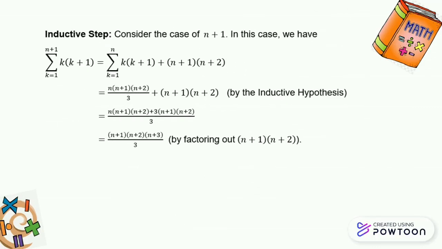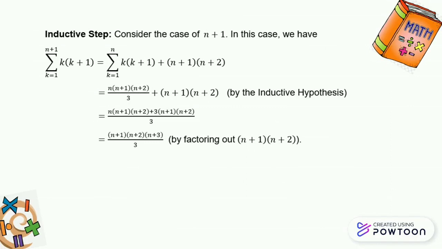Now, the next step is the inductive step. Consider the case of n + 1. In this case, we have the summation of k(k + 1), which is equal to the summation of k(k + 1) plus (n + 1)(n + 2). So, simplifying, we have n(n + 1)(n + 2)/3 + (n + 1)(n + 2).